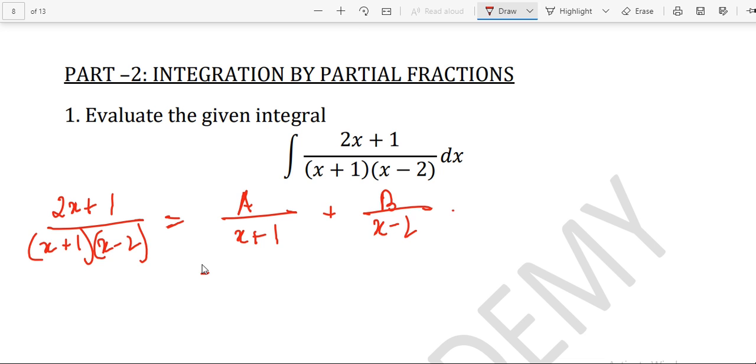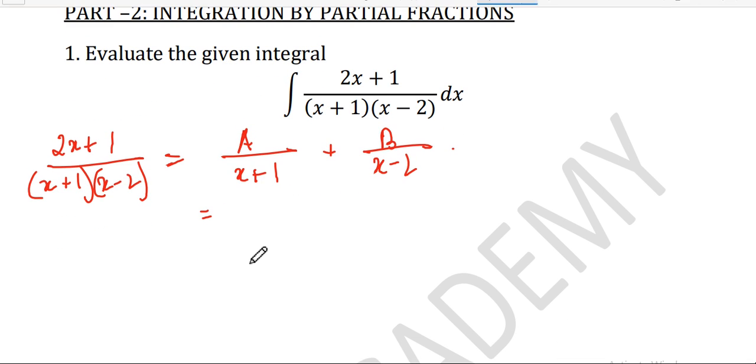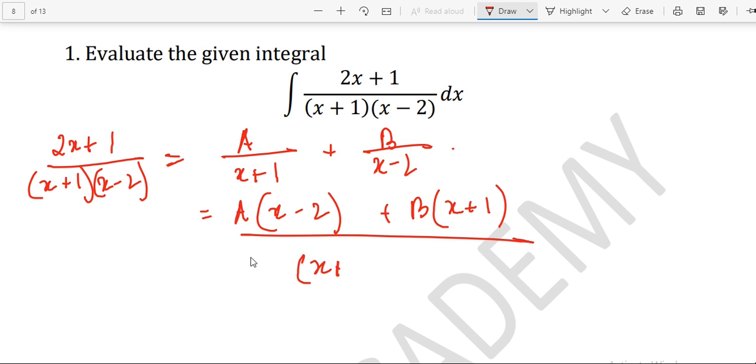Now what we have to do is simply find the value of a and b after comparing the coefficients of x and the constant part with the left hand side. Our main target is to find the value of a and b. Let's see. So this is a into x minus 2 plus b into x plus 1 divided by x plus 1 into x minus 2.